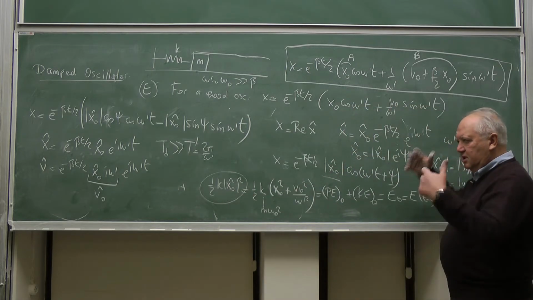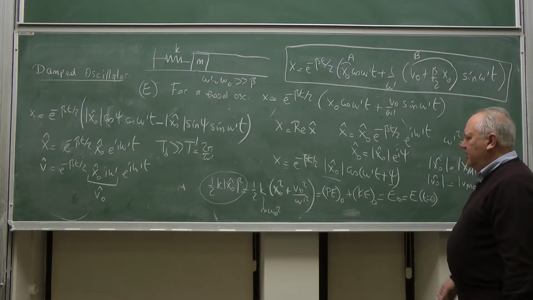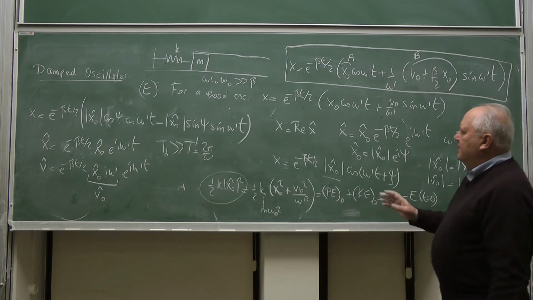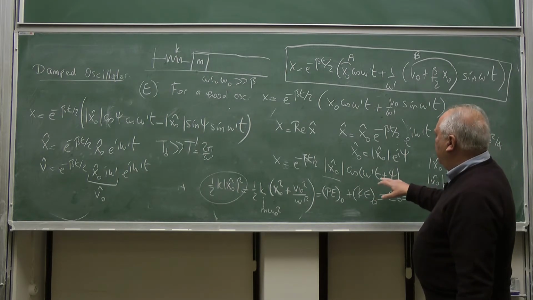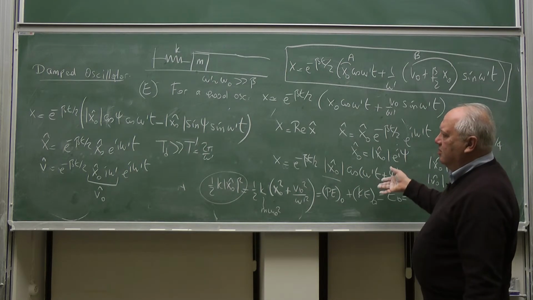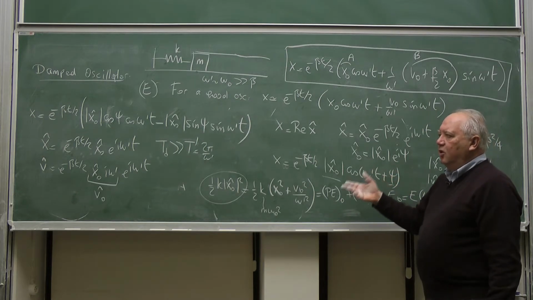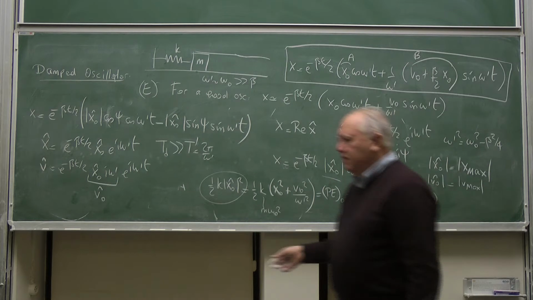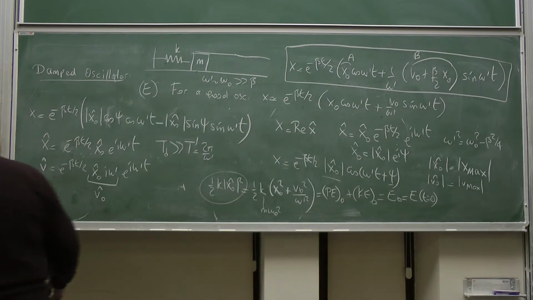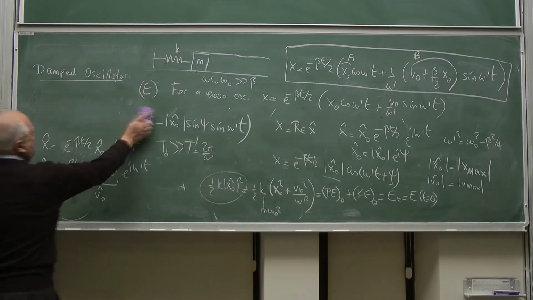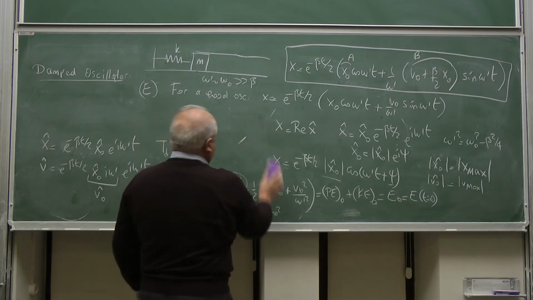But here, of course, it is dropping with time with exponential e to the minus beta t. But now this is nice and important and very helpful. This is why we are doing it, in computing the average values of physical quantities. So let me erase what I don't need here. I need this one.